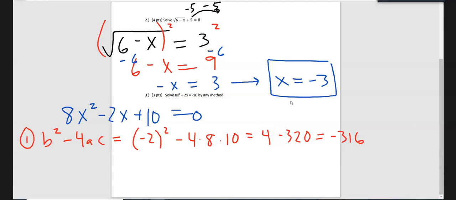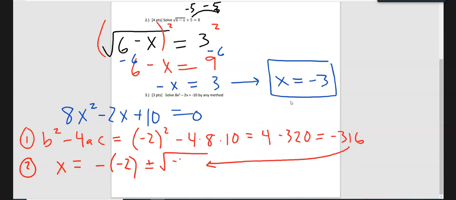Yeah, I think I did. Okay. Step 2 is the opposite of b, plus or minus the square root of, that's where this number, negative 316, drops under the radical. Gotcha.